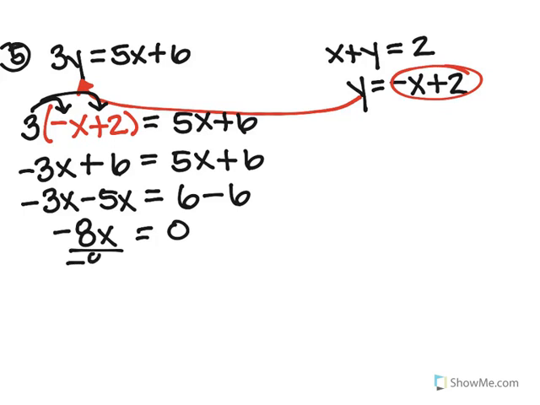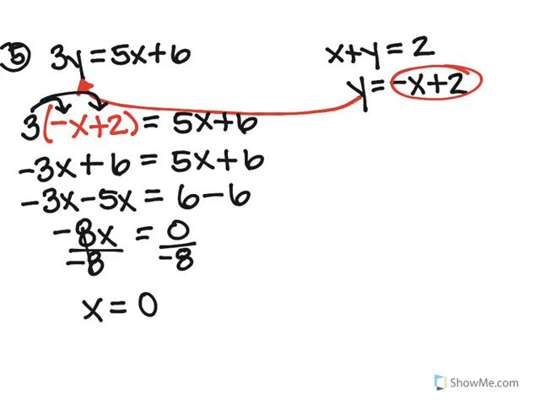Now, if you divide by negative 8, look where your 0 is located. It's on the top of a fraction. So I don't want you to think this is a special equation or a no solution, because your 0 is not on the bottom. The 0 is on the top. So your answer is just 0. Your x is 0, and you can have an x coordinate of 0.